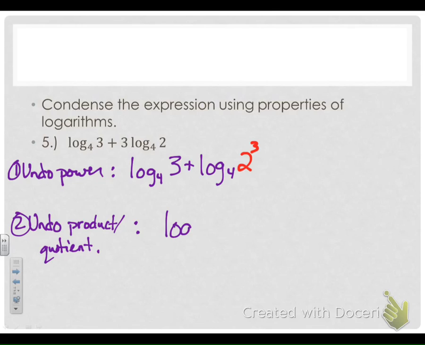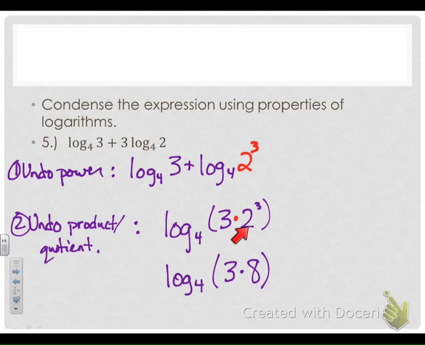So we're going to have log base 4 of 3 times 2 cubed. Last step is to simplify or clean it up. That's what I say in class. So 2 cubed becomes 8. And our final answer, log base 4 of 24.